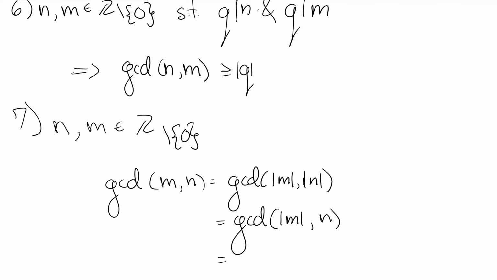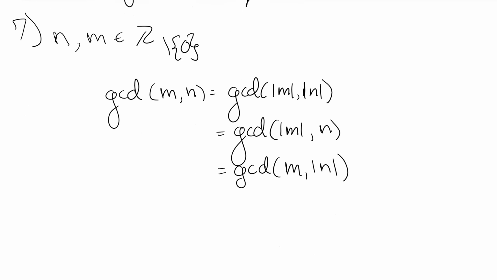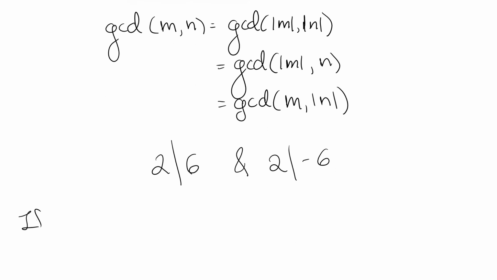And it's also equal to the absolute value of the second one, not the first one. Because remember, absolute value is not really going to change whether or not something is a divisor of someone else. For example, 2 divides 6, and 2 divides -6. So if p divides q, then p divides -q, whoever that may be.